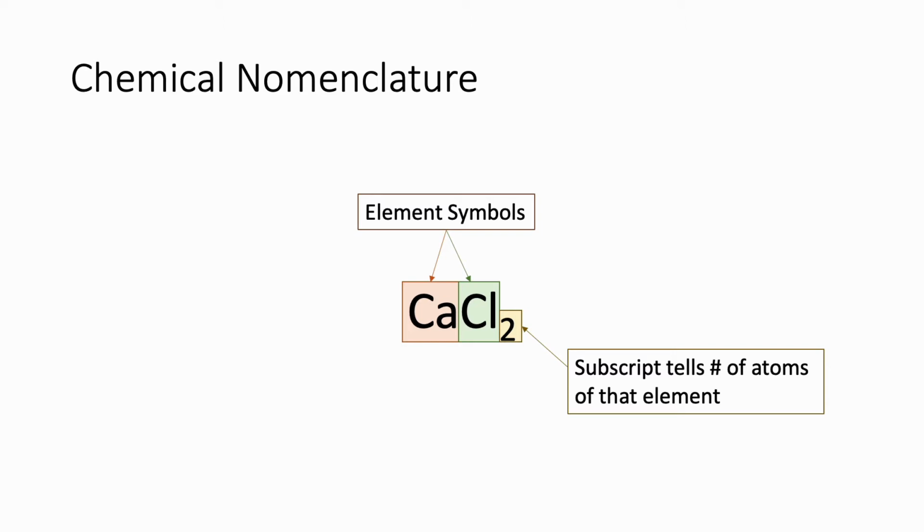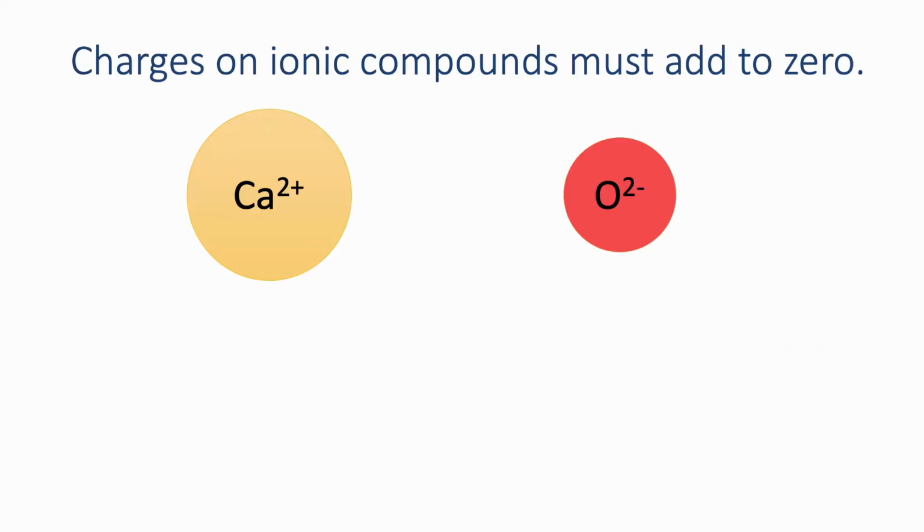With that in mind, let's take a look at some principles that govern the formation of ionic compounds, and then we'll talk about naming them. The reason that anions and cations come together is because they have opposite charges, and nature is trying to avoid a buildup of charge. And because the idea of them coming together is to neutralize charges, the charges on ionic compounds will add to zero.